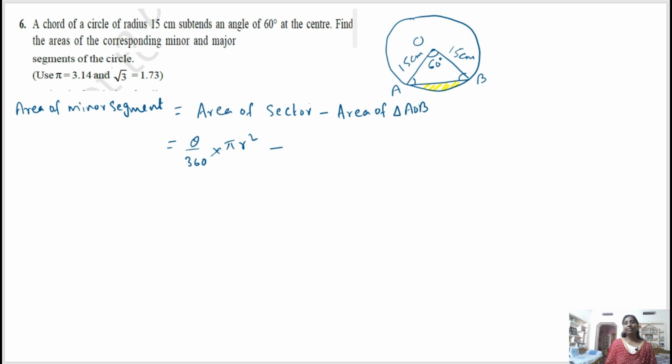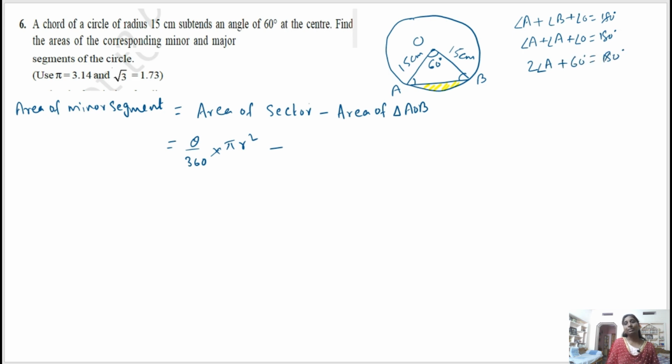But by angle sum property, sum of all the angles is 180 degree. So here it is a rough work. Angle A plus angle B plus angle O should be 180. But angle A, angle B both should be equal here. So angle A plus angle A is 2 angle A, plus angle O is 60 degree.